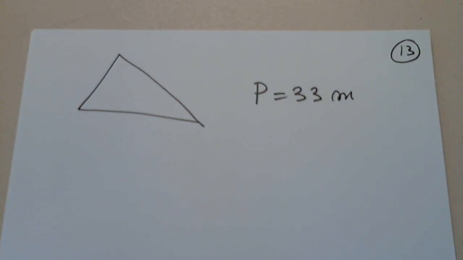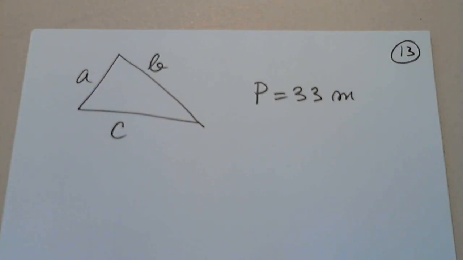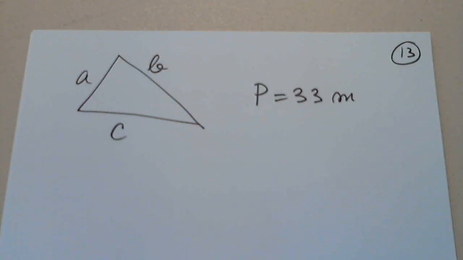Next, the first side. Okay, so I have to label them A, B, and C. The first side, which in this case is A, is 5 meters longer than the third side. How would you write this?